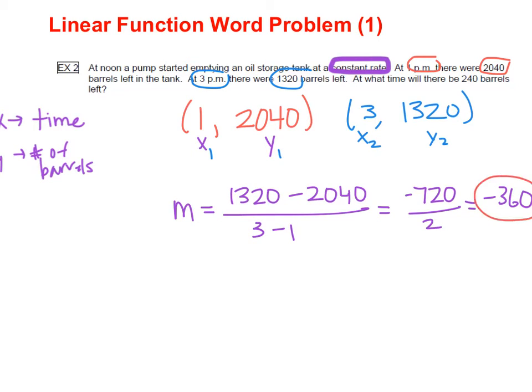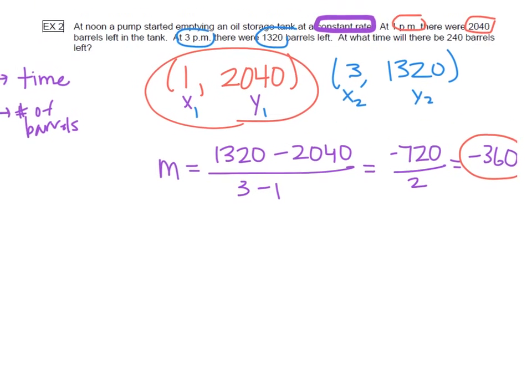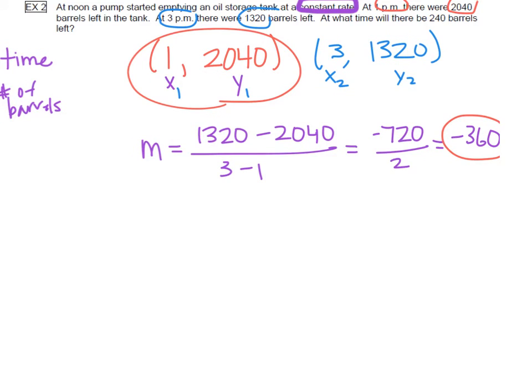So we take our slope and we pair it with our first point, and we can go ahead and write an equation that will model this situation. So y minus 2040 is equal to negative 360, because that's our slope, times x minus 1.